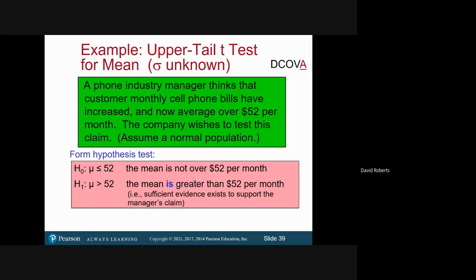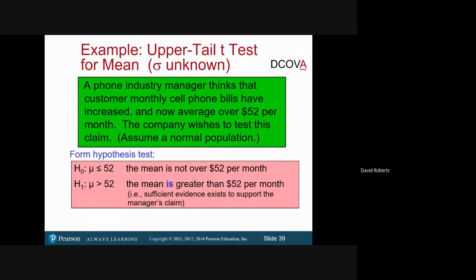Now, when you read the statement, it can either be stated as H0 or H1. It says the average cell phone bill is over 52. That would actually be H1, where the mean is greater than 52. It didn't say 52 or greater. It says more than 52. Because they're in dollars, we're starting at 52 and 1 cent.